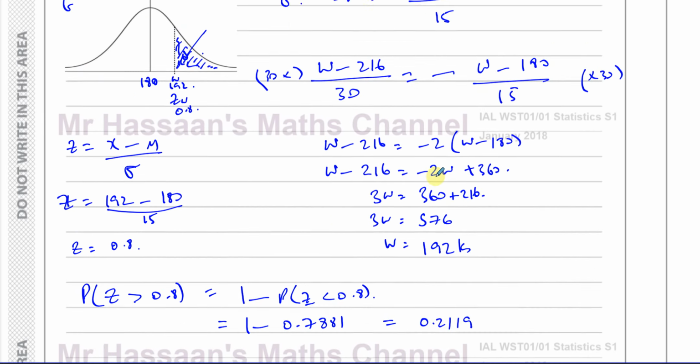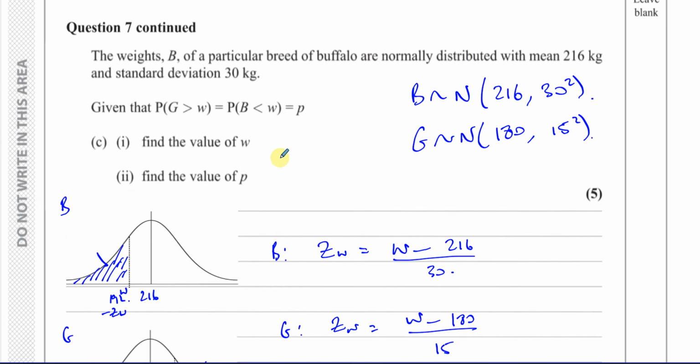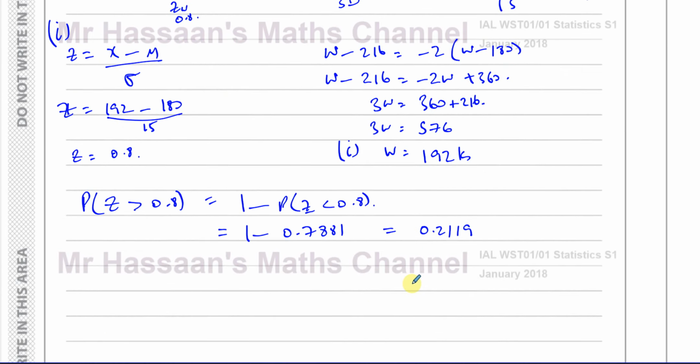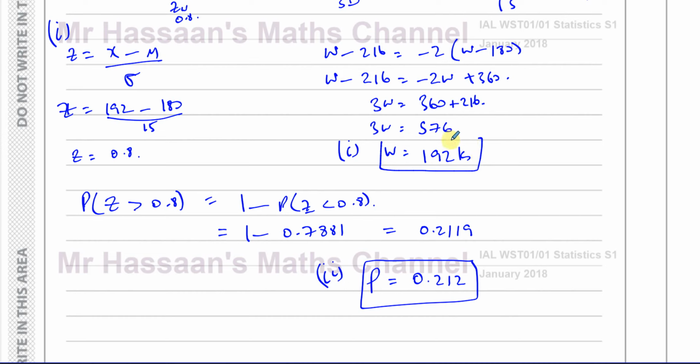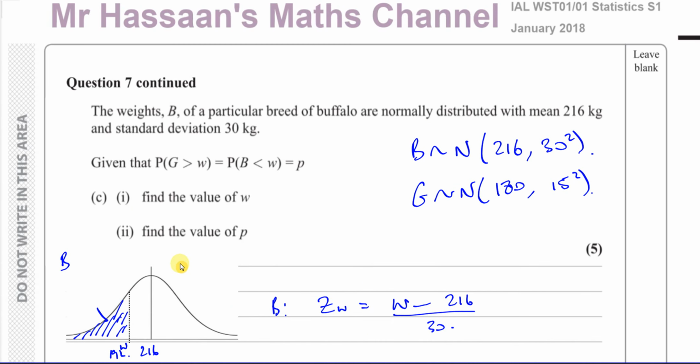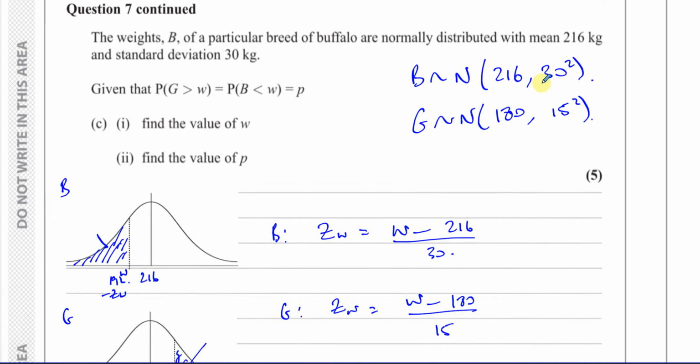So there's the value of W, so that's part 1 done. That's the answer to part 1. And for part 2, we can say P is equal to 0.212 to 3 significant figures. So there's part 1 and part 2. That's kilograms. And there we have it, the answer to question number 7 from this January 2018 paper.